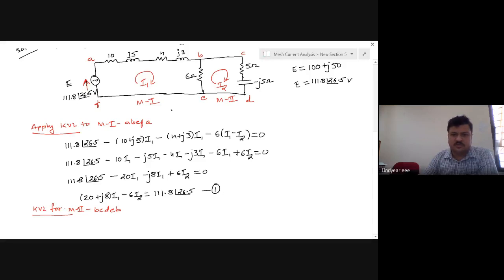Current I2 is flowing through the 6 ohm and I am looking at that from mesh 2. Therefore, it will be minus 6 into (I2 minus I1) minus (5 minus j5) into I2 is equal to 0. So there are only two terms in mesh 2.